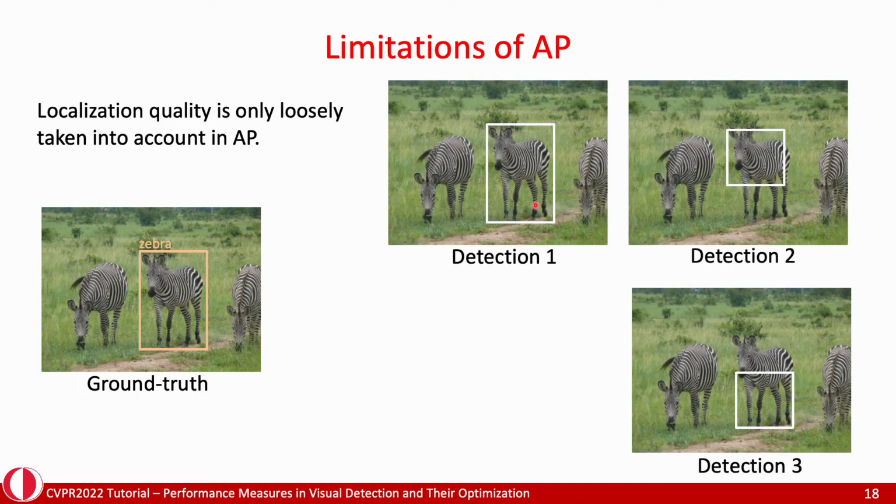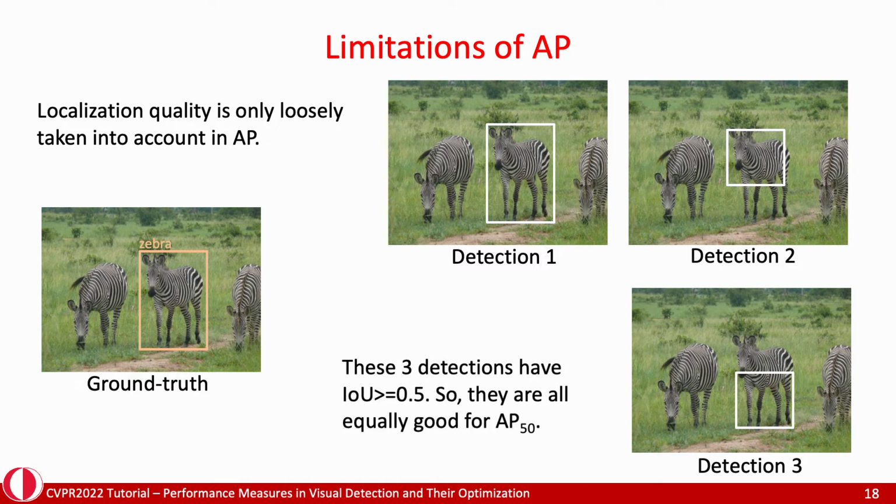This one seems to perfectly overlap with the ground truth box, and this one seems to cover only the top half of the ground truth item, and this one covers the lower half. But all of these three detections have intersection over union scores that are larger than 0.5. And because of this fact, they are equally good for AP50. And this is a limitation for AP. It does not properly factor in the localization quality.